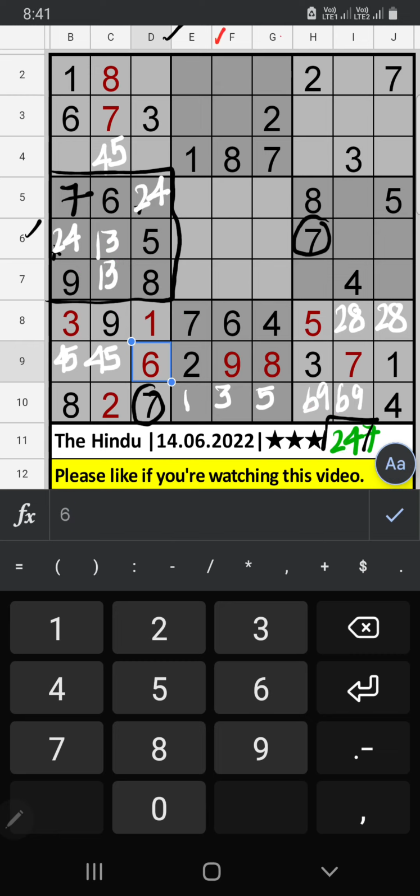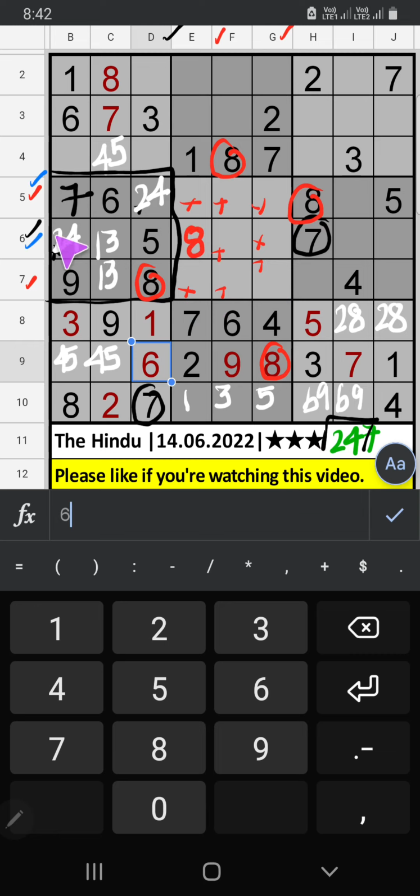Column F, column G, and 7th row and 5th row, we have 8. So 8 can't come in these cells. The 8 is confirmed here.